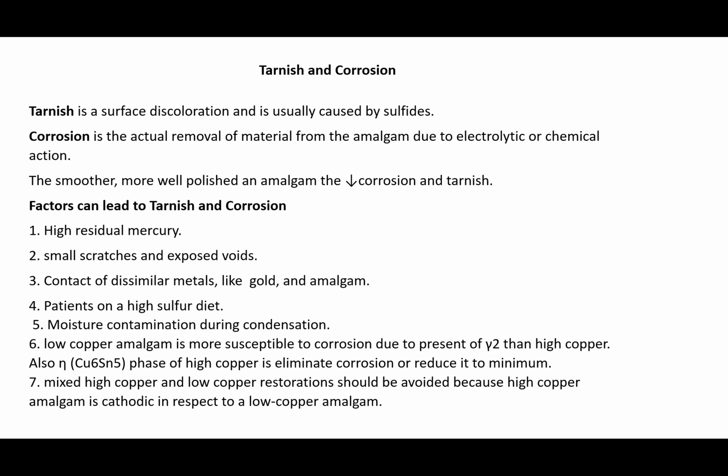Factors that lead to tarnish and corrosion include high residual mercury, presence of cracks and voids, contact of dissimilar metals like gold and amalgam, patients on a high sulfur diet like those who eat eggs always, moisture contamination during condensation, and, of course, low copper is more susceptible to corrosion due to gamma 2 and other factors.